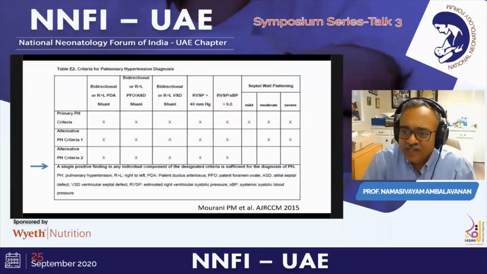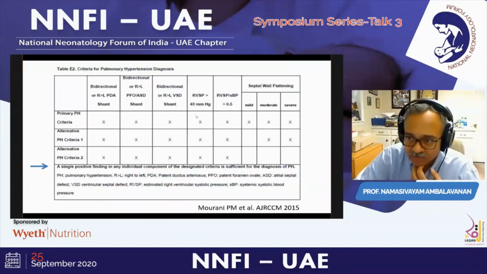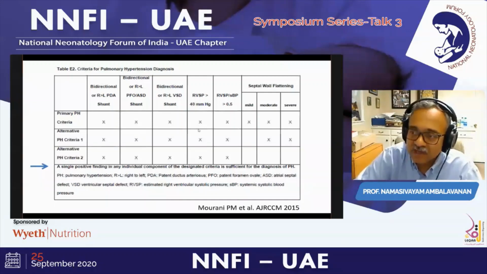So what criteria are used for diagnosis of pulmonary hypertension? Obviously, if there is a bidirectional or right to left shunt, either at the PDA or at the PFO or ASD or at a VSD, that would be suggestive. Or if you can quantitate a right ventricular systolic pressure of more than 40, such as using a tricuspid regurgitation velocity, or if you have a ratio of the RV systolic pressure over systolic blood pressure of more than 0.5.